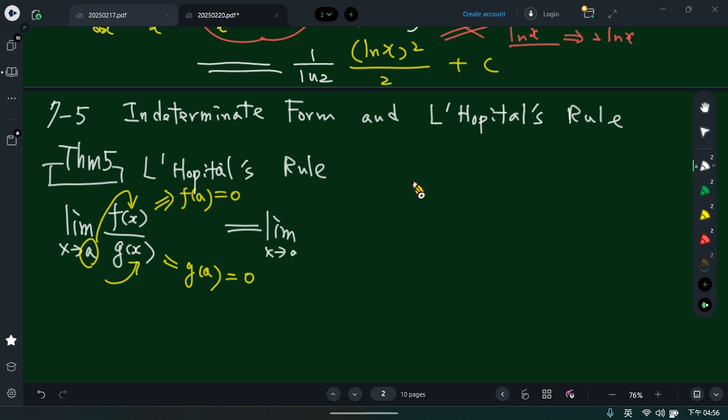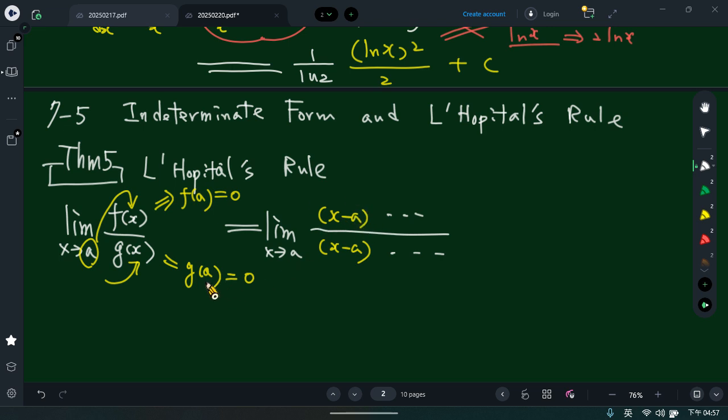We try to factorize it into x minus a here, then blah, blah, blah, right? Because if f of a is equal to 0, that means if f of x can be factorized, then we can get the factor x minus a.